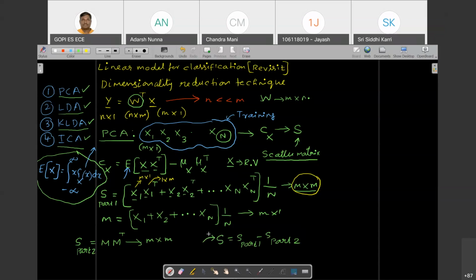So given the data for doing this dimensional reduction, we need to do this for the testing also.